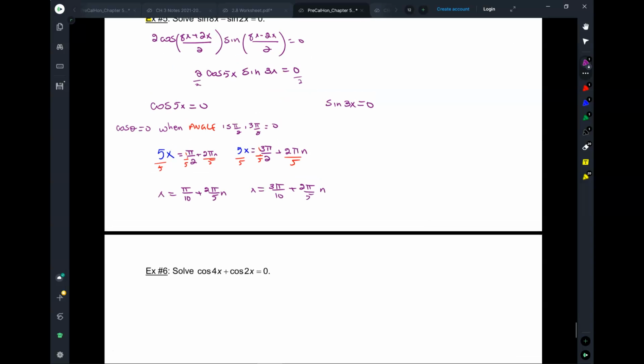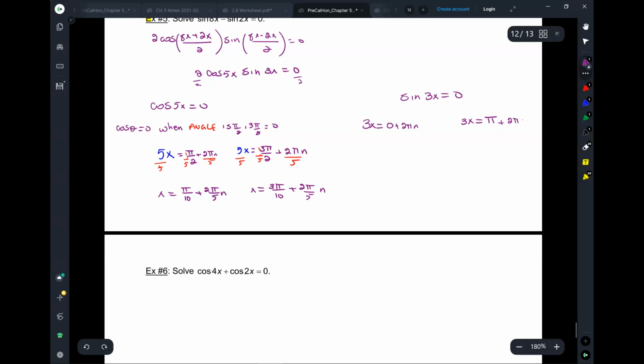So, next one is sine of 3x is equal to 0. Sine is 0 when the angle is 0 or pi, plus 2 pi n.